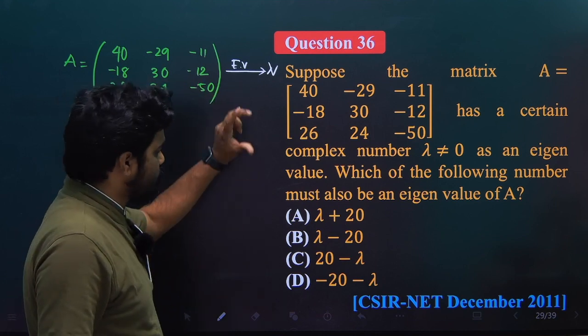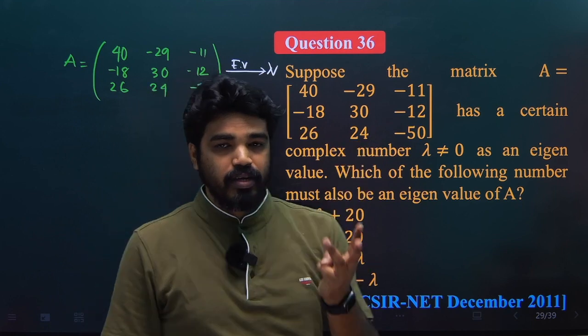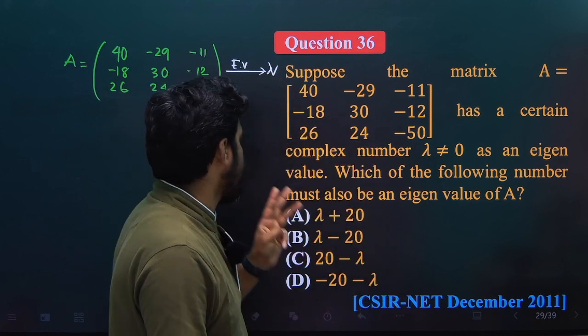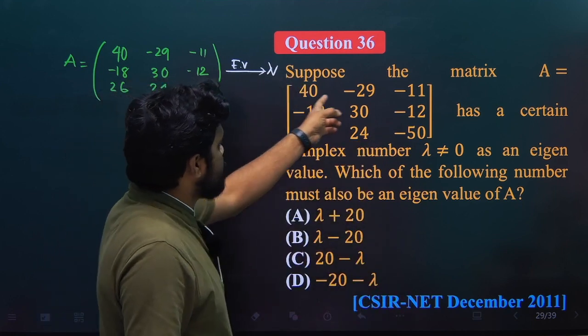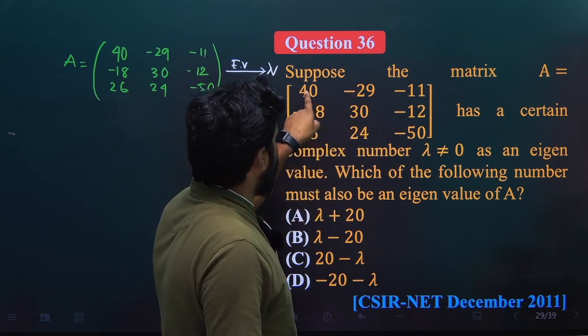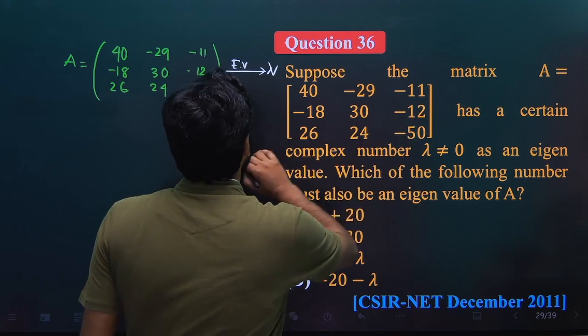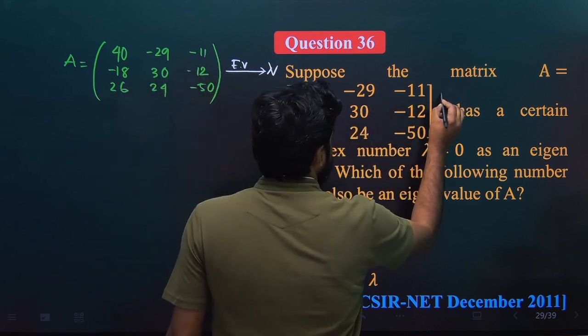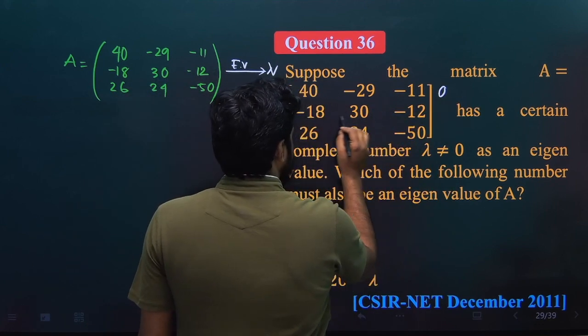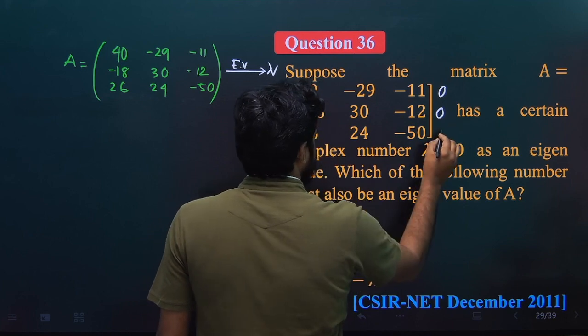It is a 3x3 matrix, so we have 3 eigenvalues, right? Just see, the sum of each row is 0. 40 minus 29 minus 11, that is 0. This is 0, this is 0.